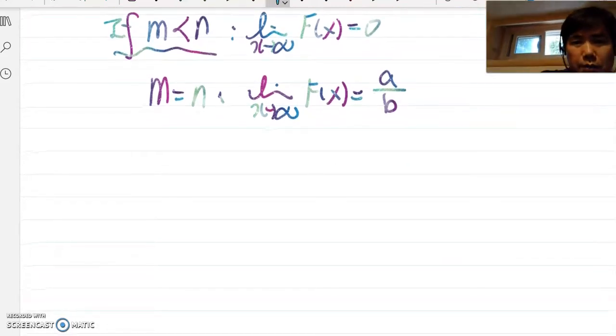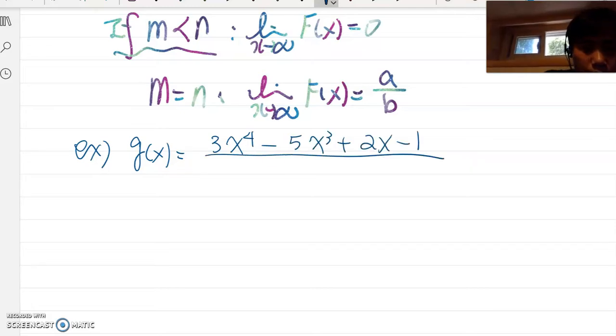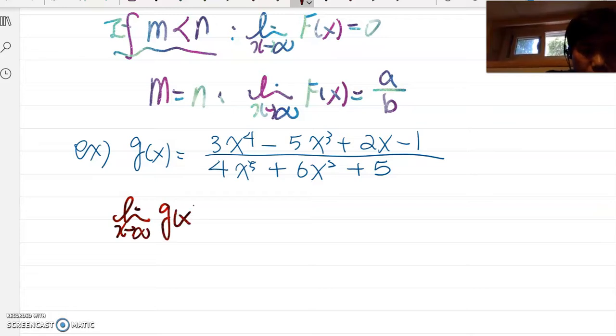Okay, then let me give you one example. What if we are given g(x) equal to (3x^4 minus 5x^3 plus 2x minus 1) over (4x^5 plus 6x^2 plus 5)? Can you guess the limit as x moves to infinity of g(x)?